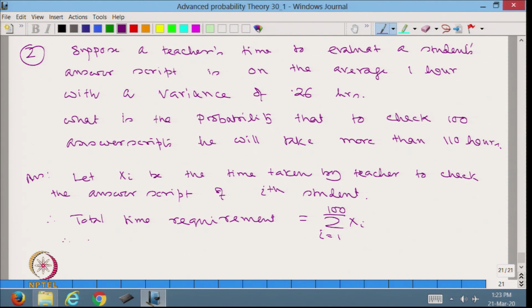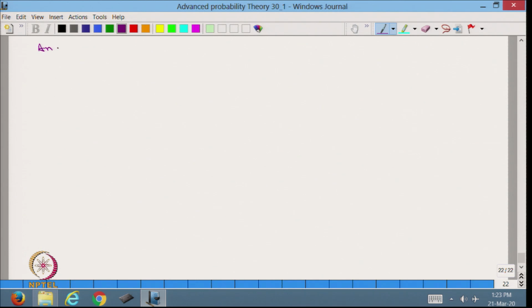Therefore, the mean of Sn is 100 into 1, equal to 100 hours, and the variance of Sn is equal to 100 into 0.26.